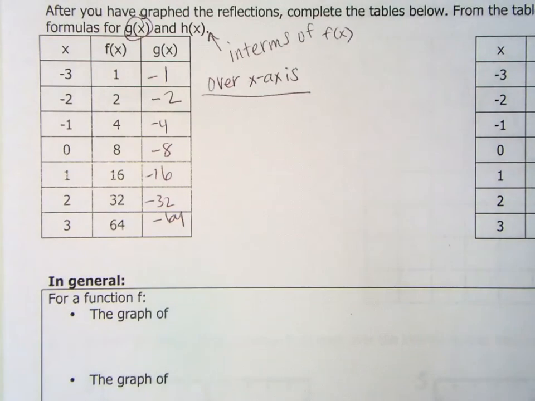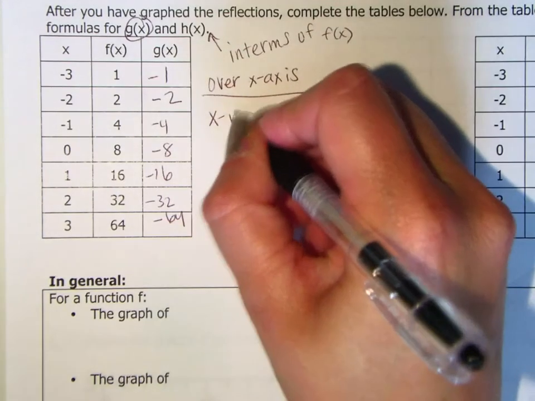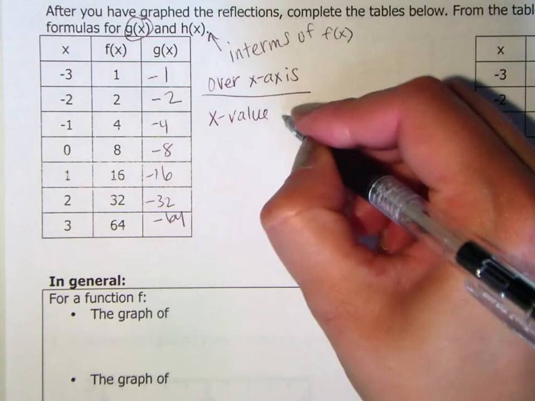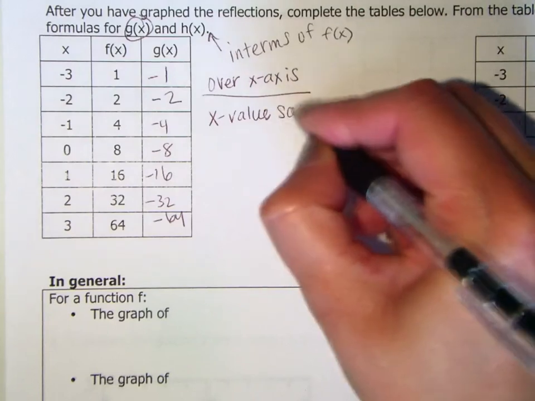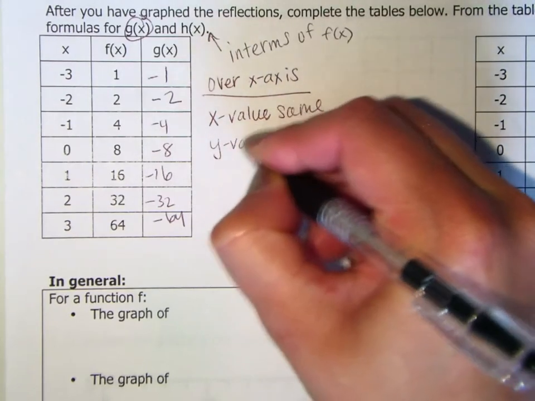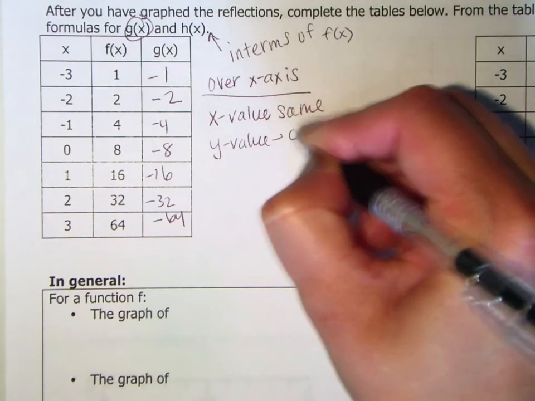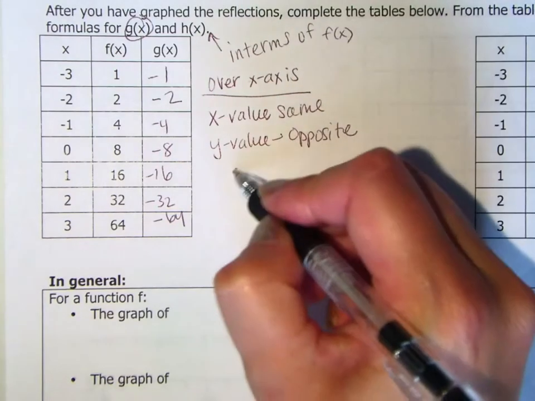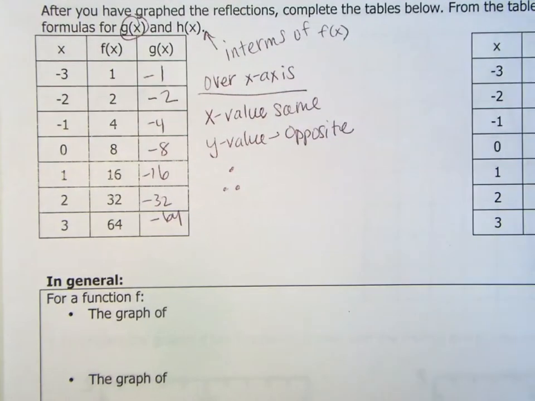What changes when you reflect something over the x-axis? Kinsey? Y becomes the opposite. Yeah, okay, so the x value does what? Stays the same. Okay, the x value stays the same, the y value changes to the opposite. Have you seen that symbol ever in math? The three dots? It means therefore.